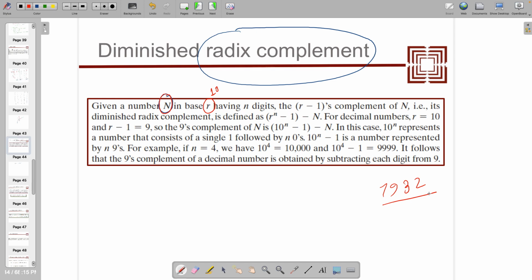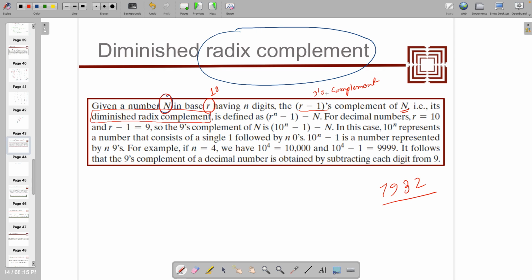And the r minus 1's complement of n. Look at this, r minus 1's complement, not r's complement. R minus 1's complement means, in this case it will be 9's complement. So if I am interested in finding out 9's complement, then this particular complement is known as the diminished radix complement, because the actual radix was 10, but I am subtracting 1 from it.